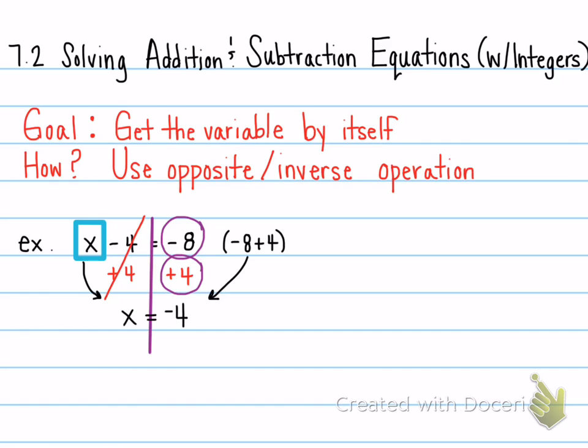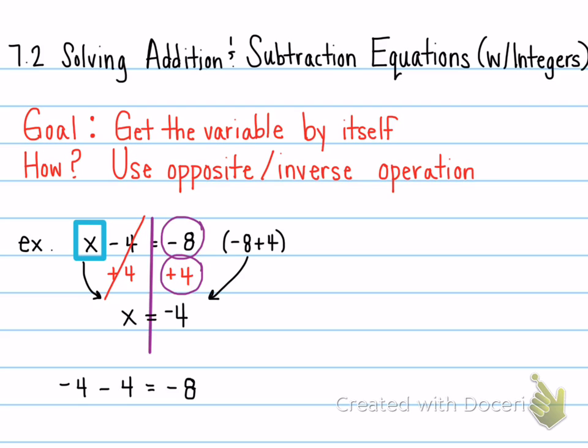We can always check that our answer is correct. I have -4 minus 4 equals -8. Again, we can do this two ways. I can say, well, I have a -4 and a -4. Adding numbers with the same sign, you add and keep the same sign. A -4 and a -4 then will be -8.